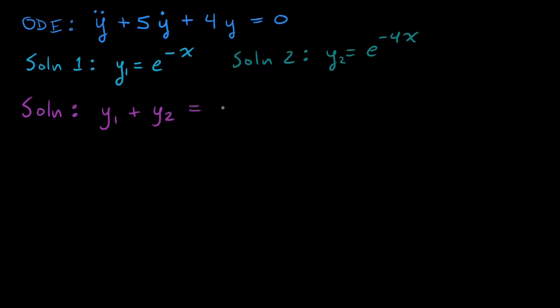And so that's going to be e to the minus x plus e to the minus 4x, okay? We know that because it's a linear differential equation. And I also know that any scalar multiples work, right?